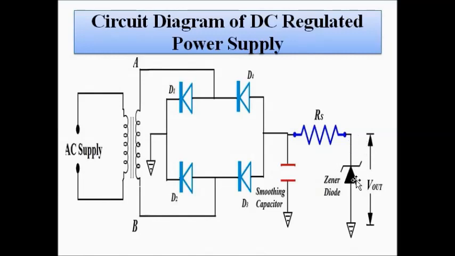When the reverse voltage exceeds the breakdown voltage, there will be Zener breakdown, and it will maintain a constant voltage across it, with a sharp increase in the current through it. A constant voltage will be maintained, which will be the constant DC voltage that we require.